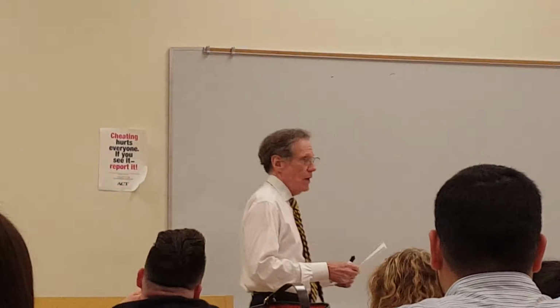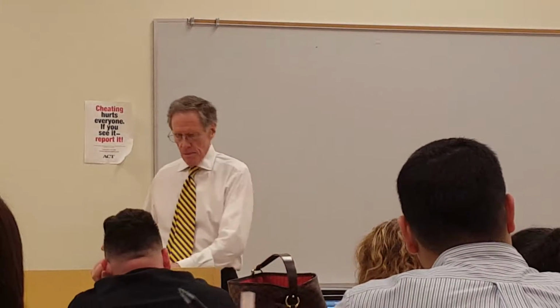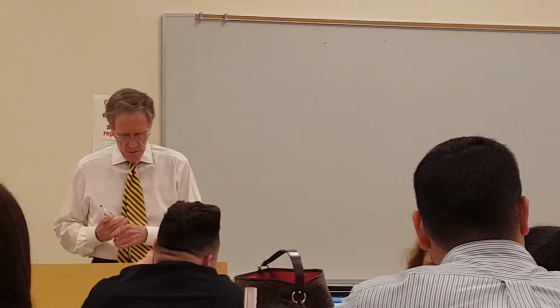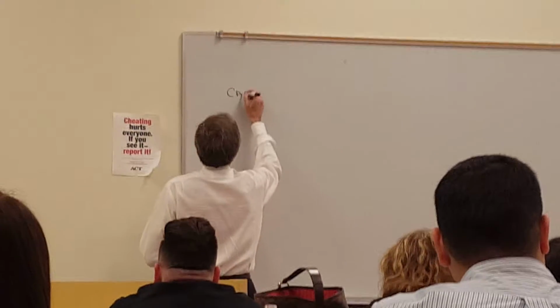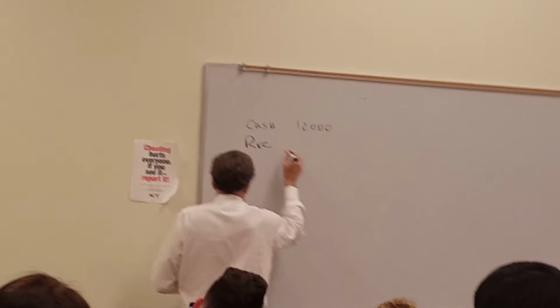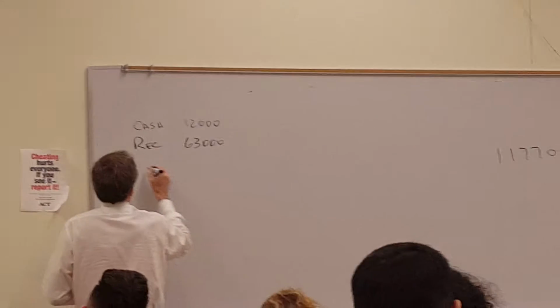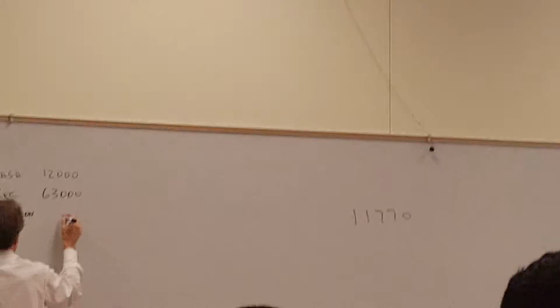So what they tell us, we've got cash of $12,000. We have receivables of $63,000. Terry, one of the partners, has a loan of $9,000.